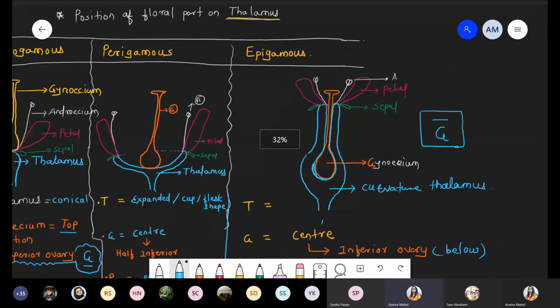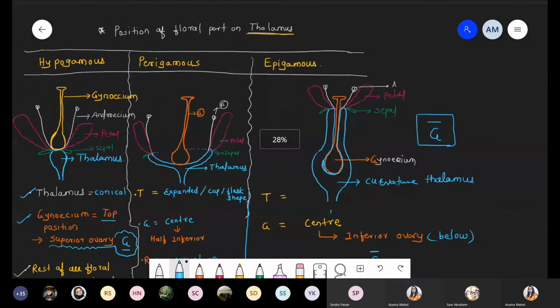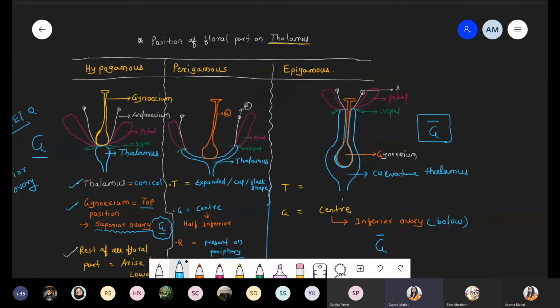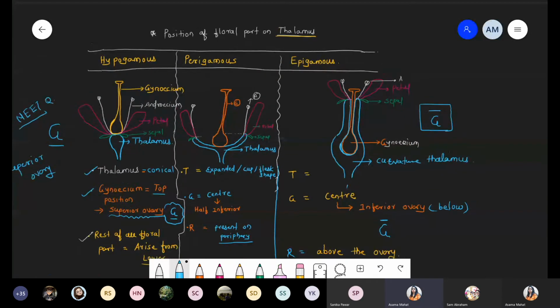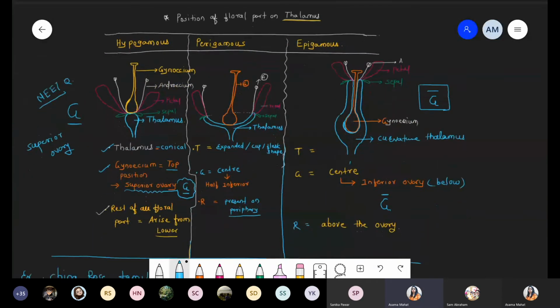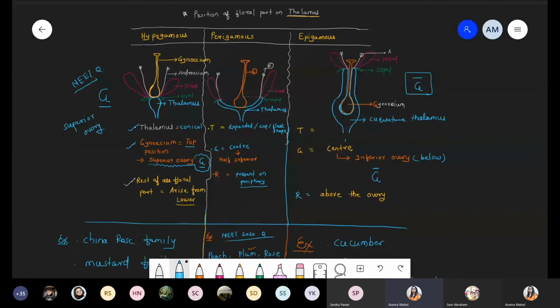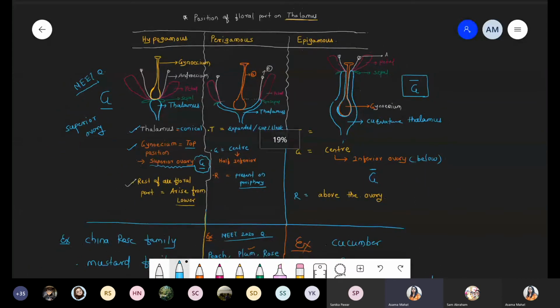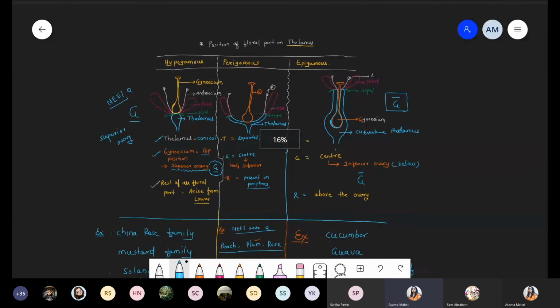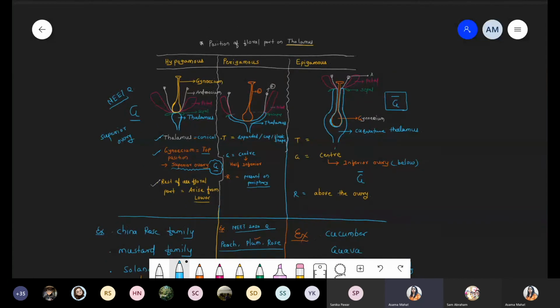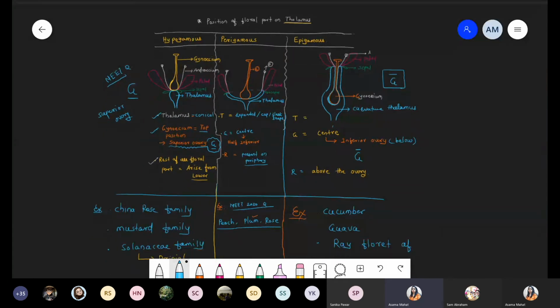Just check all the table with examples. First of all, the diagram. Below it we have to write the position of the thalamus, gynoecium, and the rest of the floral parts, where each is present. And finally, you have to write down the examples also. Remember this for the morphology chapter: no example, no meaning for that answer.